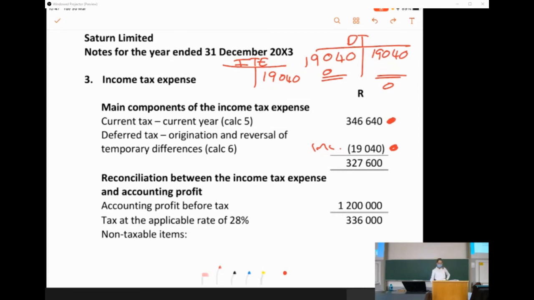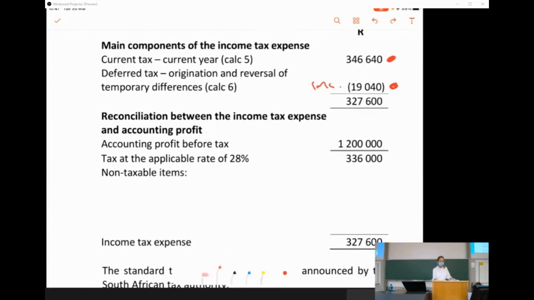And then my reconciliation. Okay, so now the reconciliation we have to look at, because now we have things that are going to affect that reconciliation. Okay, so we start off with our accounting profit. We multiply that by 28%. That gives us 336,000. However, we have to reconcile to this amount. And remember, you get a mark, a bonus mark, just for showing that you know that these amounts should be the same.